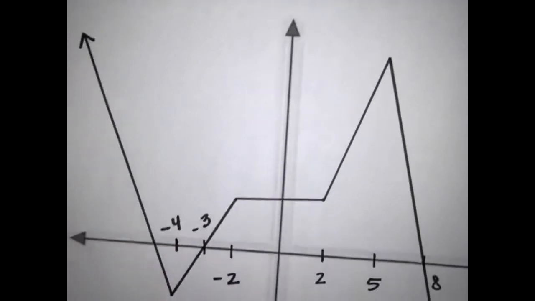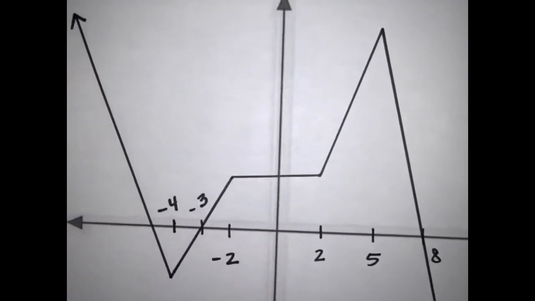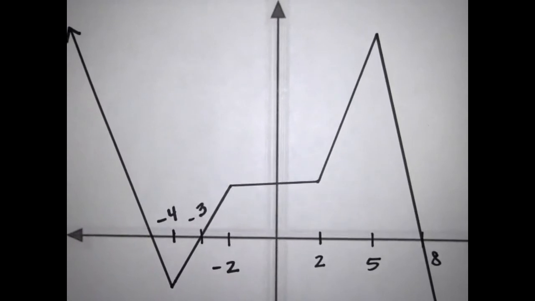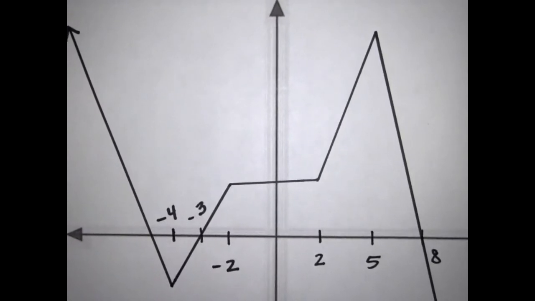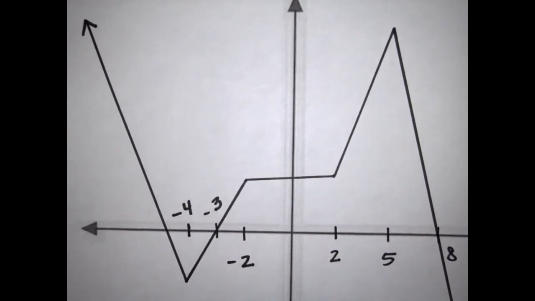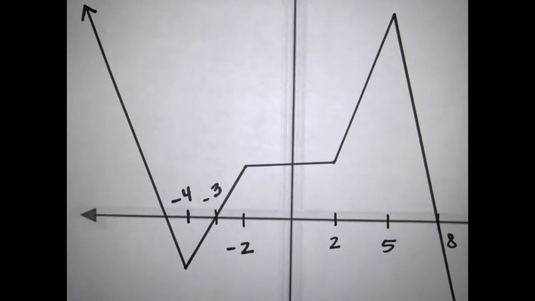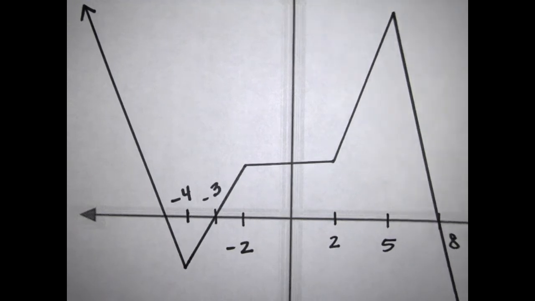Okay, so one question that was asked in the discussion boards this week had to do with increasing, decreasing, and constant. And so I wanted to do just a quick little mini discussion about that to hopefully clear it up. When we are talking about increasing, decreasing, or constant, we are talking about the x values.